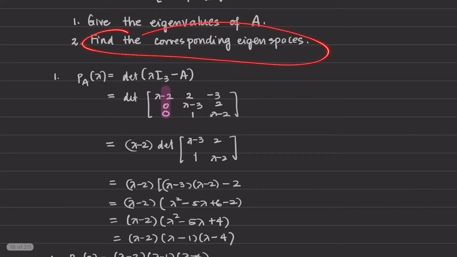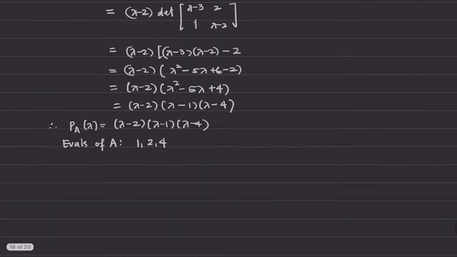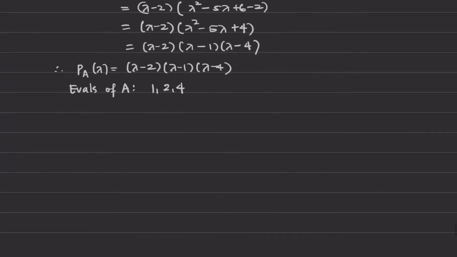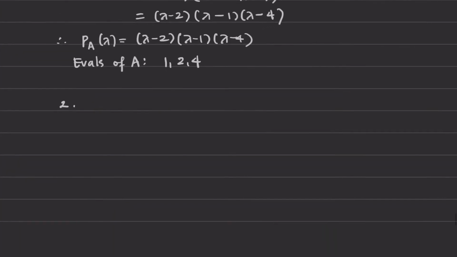Find the corresponding eigenspaces. Okay, so tatlo yan kasi tatlo yung eigenvalues mo. So, add tayo ng page kasi mukhang kukulangin tayo. So, compute natin yung kay lambda equal to 1. So, ganun ulit. Let V equal to XYZ.